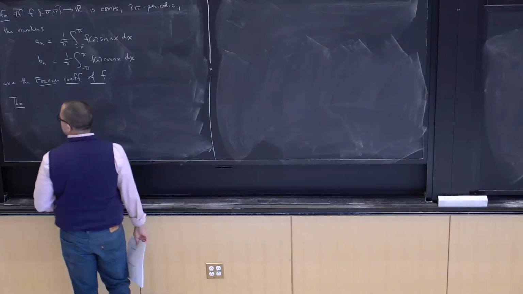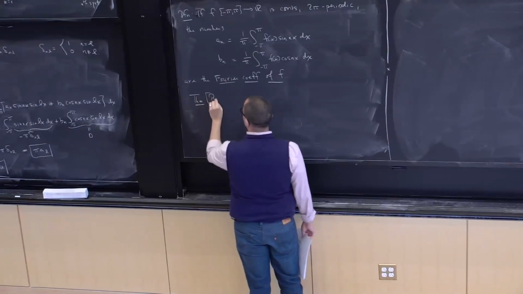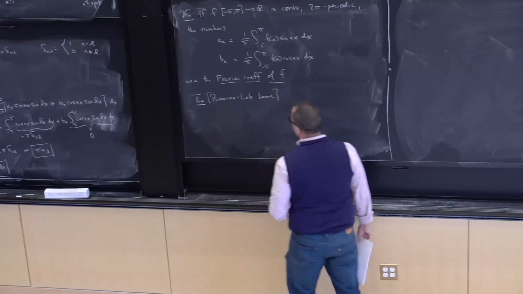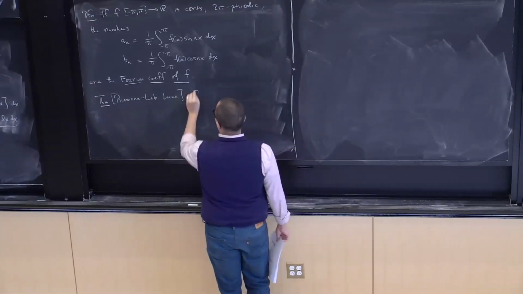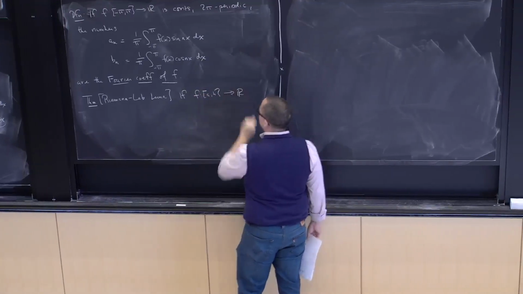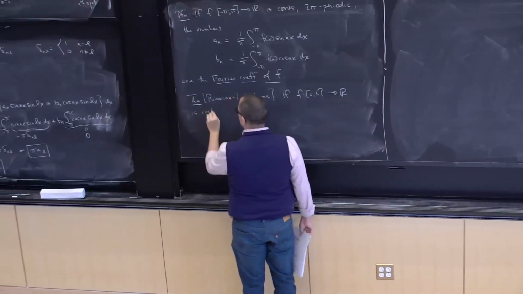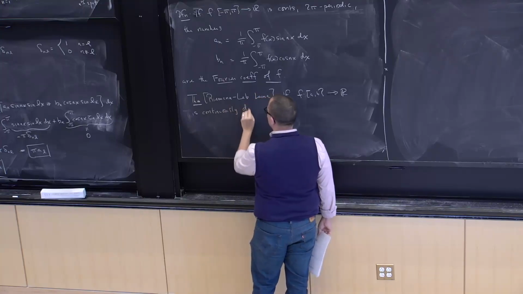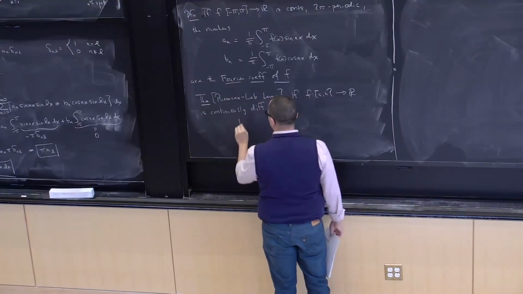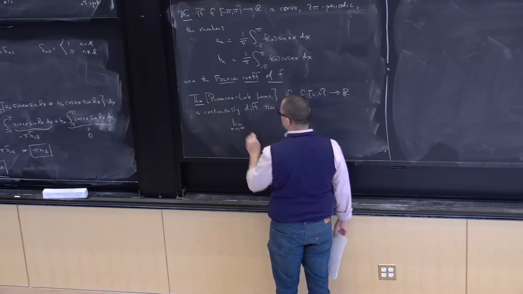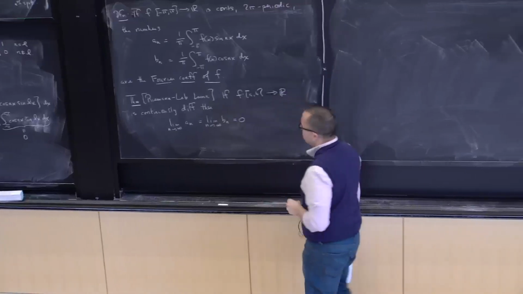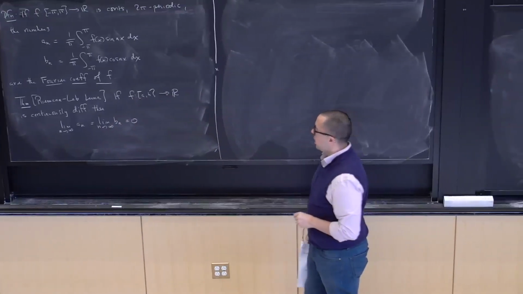I'm going to state it this way right now, which is the following: if f from [a,b] to R is continuously differentiable, then the limit as n goes to infinity of a_n equals the limit as n goes to infinity of b_n equals 0.